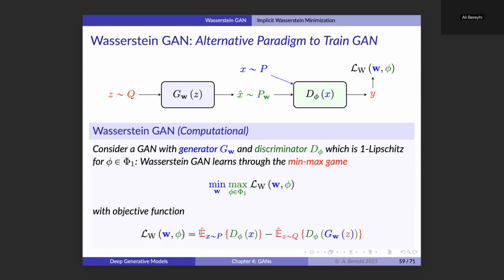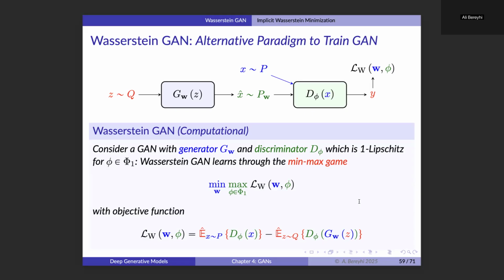So this loss function is defined in this form, right? So it's going to be the expectation of the discriminator output computed over data samples, and then the expectation of the output of discriminator again when it's computed at the outputs of the generator. And to find the output of the generator, we simply need to sample a latent sample and then pass it through the generator network.